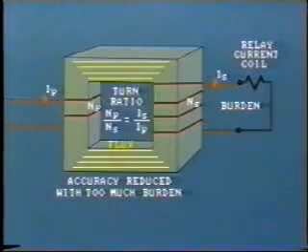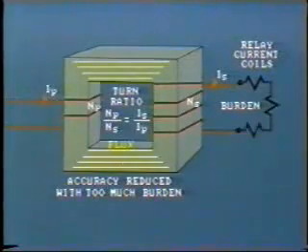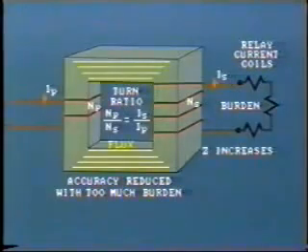The accuracy of the CT at high current flow will be considerably reduced if we add too much burden to the CT secondary. This would occur if we added too many relays and other equipment to the secondary of the same CT. By adding more relays, more current coils are connected in series, so increasing the impedance.